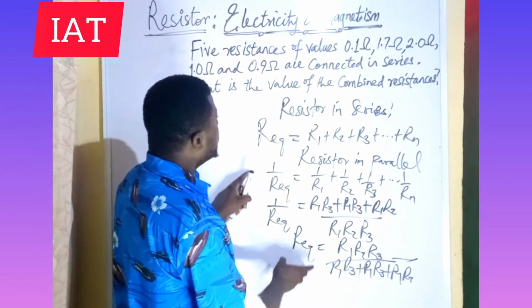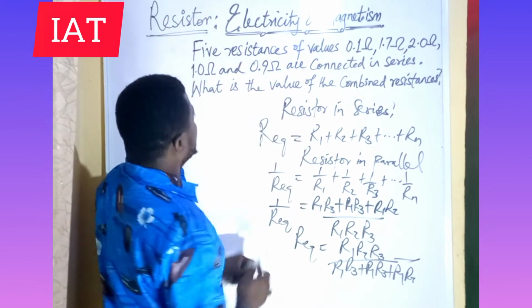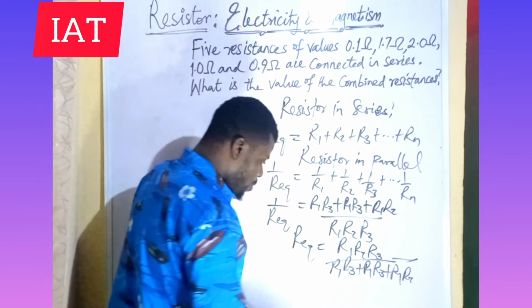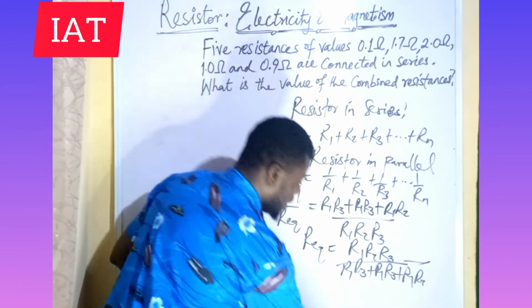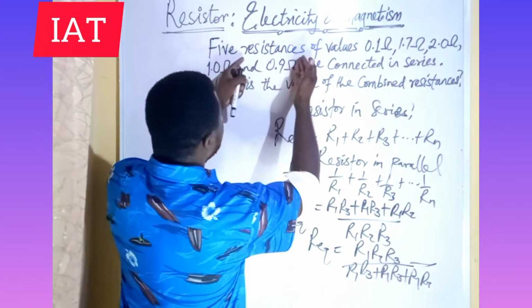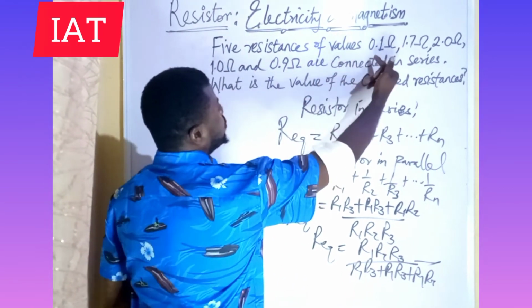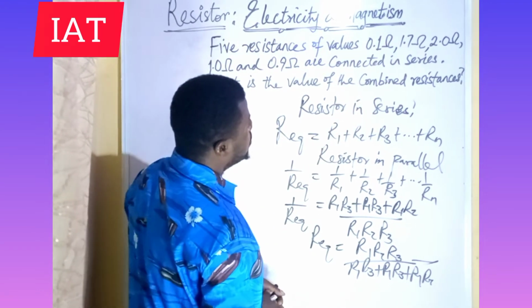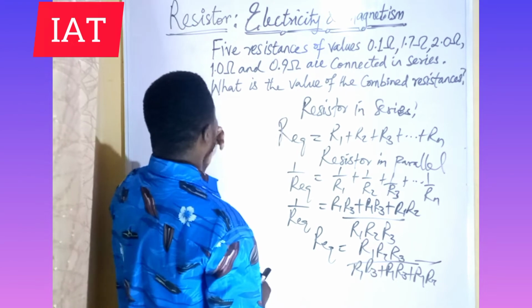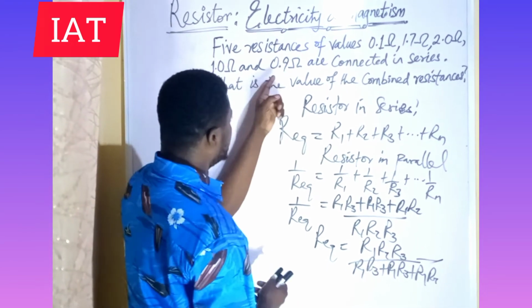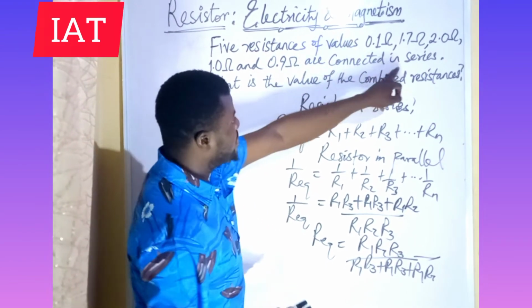All right. So in this question, we're going to see if we can apply any of these formulas. And the question says 5 resistances of values 0.1 ohms, 1.7 ohms, 2.0 ohms, 1.0 ohms, and 0.9 ohms are connected in series.